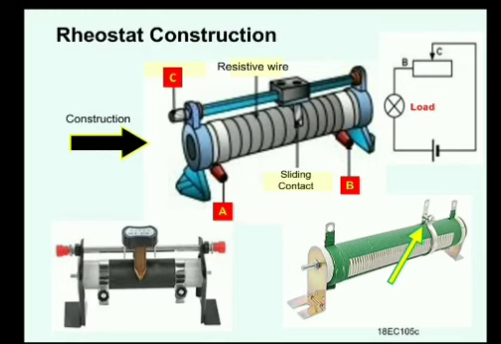You can see a nut over there. So it is not a flexible wiper, but it is movable, and you can tighten it with the nut. That means a fixed type of rheostat. So you can fix the wiper along the length at a required position. So these are different types of rheostats.